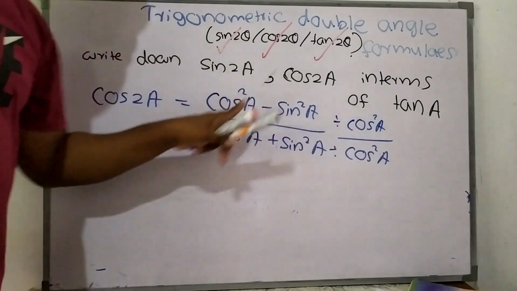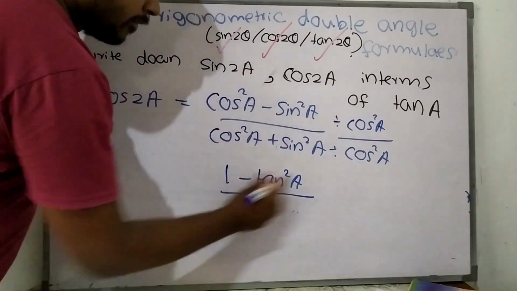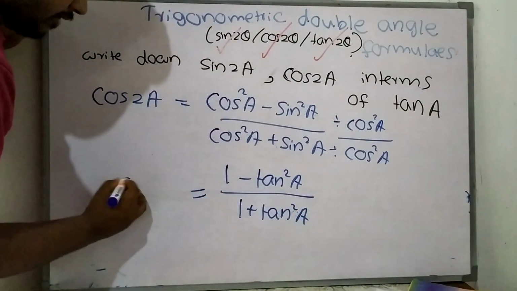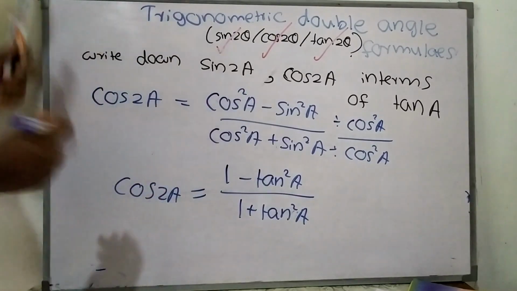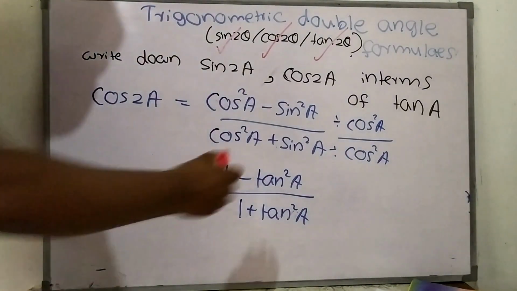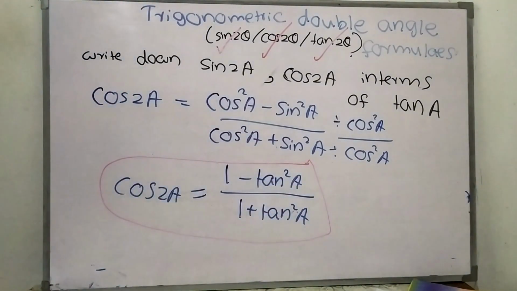Once you divide, the numerator will be 1 minus tan squared A, over 1 plus tan squared A. This is my cos 2A. This is the equation of cos 2A in terms of tan A.